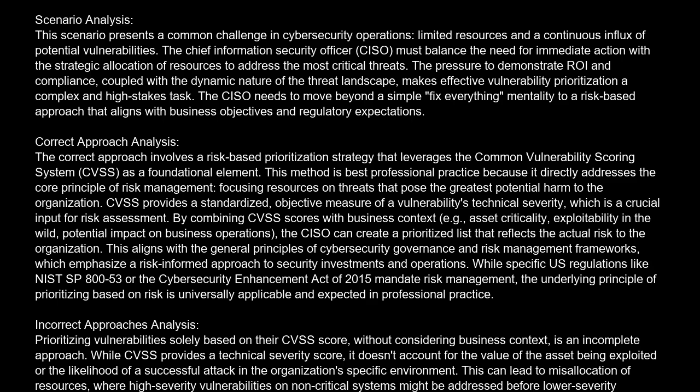This can lead to misallocation of resources, where high-severity vulnerabilities on non-critical systems might be addressed before lower-severity vulnerabilities on highly sensitive data or critical infrastructure. This failure to integrate business impact can lead to regulatory scrutiny if it results in a significant breach of sensitive data or disruption of essential services, as many compliance frameworks implicitly or explicitly require a risk-based approach that considers business impact.